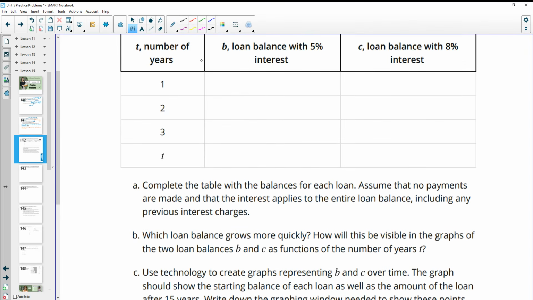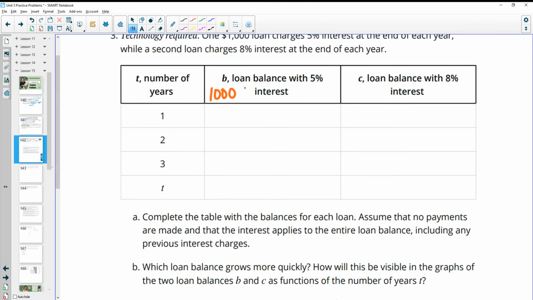All right, so each of them start with 1,000, right? So this one's going to be 1,000, and then we're going to add in 5% to it. So we want really 105% of the loan, right?